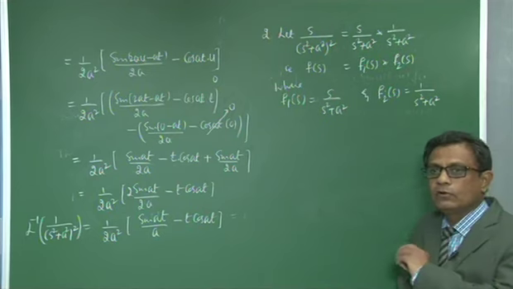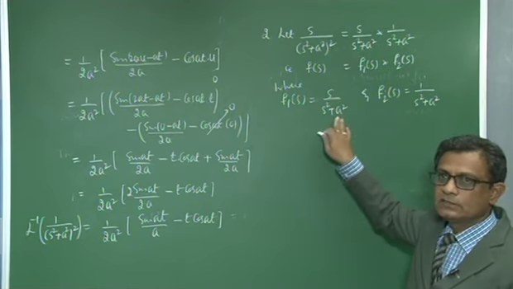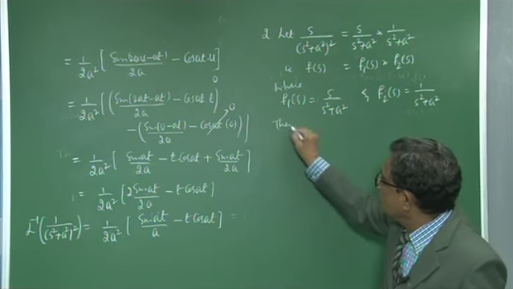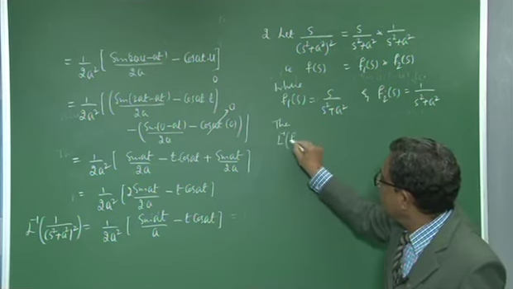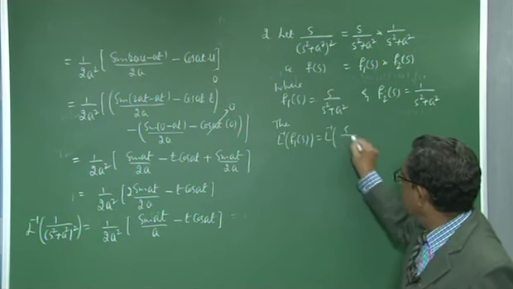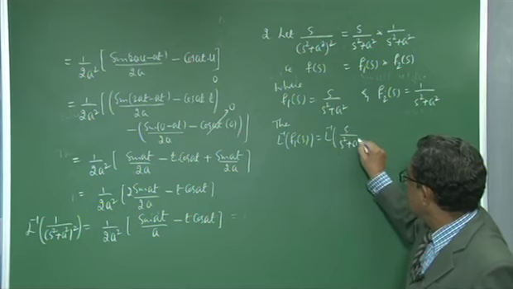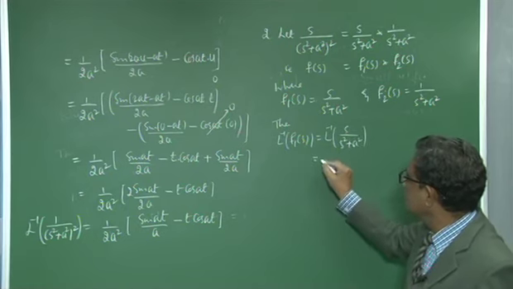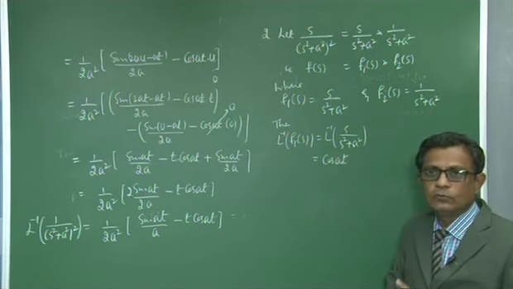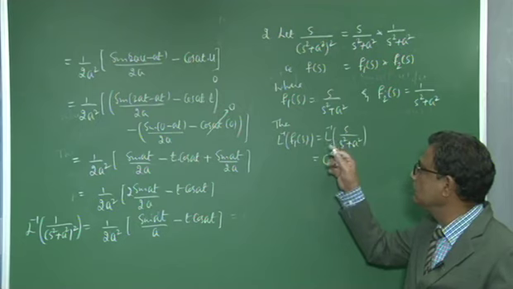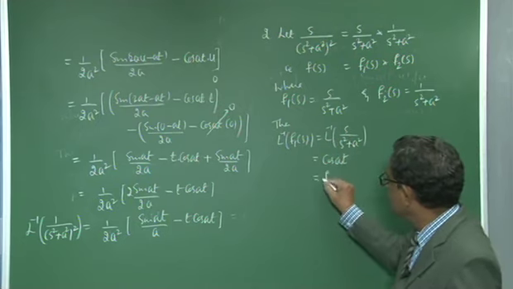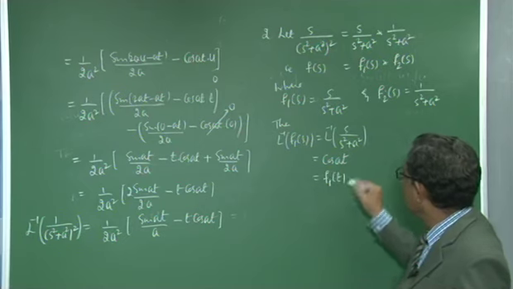Now for both the functions you have to find the inverse Laplace transform. What is L inverse of f1(s)? It is L inverse of s divided by s square plus a square. What is this one? Cos at, a standard formula. You have to remember the formula. This is your first function f1(t).